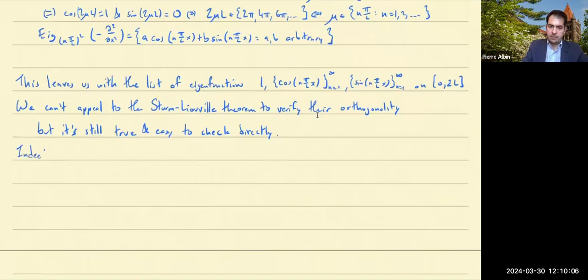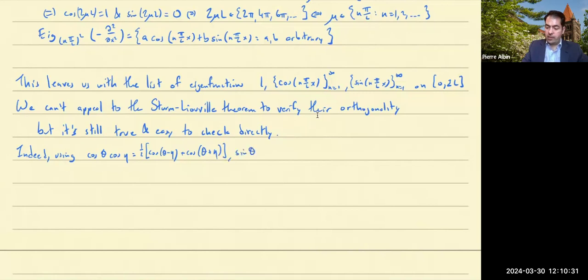Indeed, using the same trigonometric identities that we used before. The product of cosines is 1/2 cosine of the difference of the angles plus cosine of the sum of the angles.